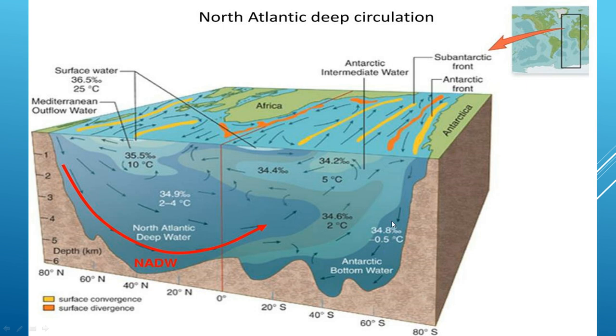You can take these values and go right to the TS diagram, and you can see exactly what density these values give you. And then that helps you say, oh yeah, that's more dense than this, so it's going to sink down below it. Or that's less dense, so it's going to ride over it. You can actually take these values, read it off your TS diagram, and get your density. Very straightforward, very simple. Getting the data is another deal.